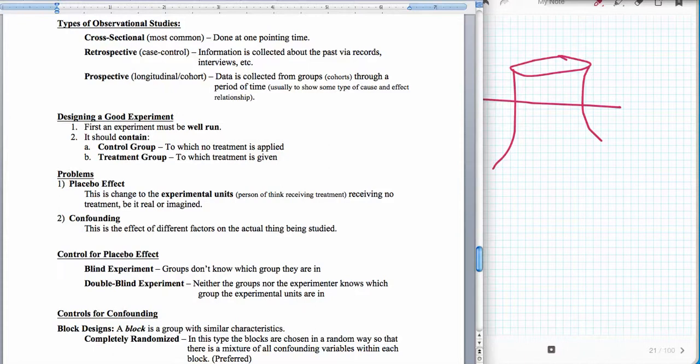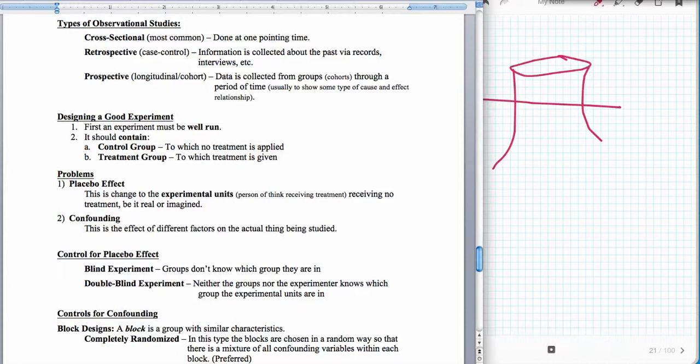And then the other problem that we can have is confounding. And confounding is basically that different factors can affect the thing that's being studied. For instance, we may have someone in a medical study that is practicing yoga while they're doing their treatments.